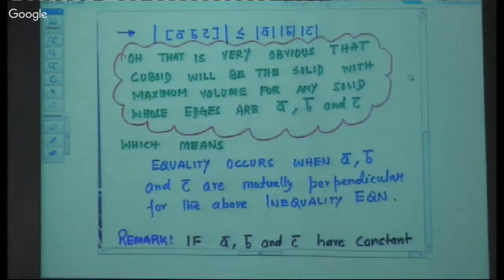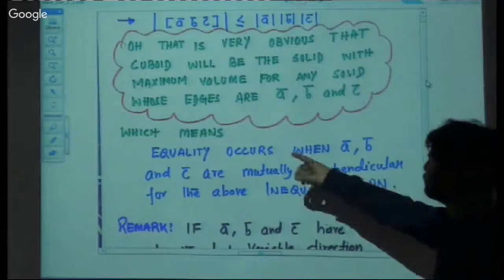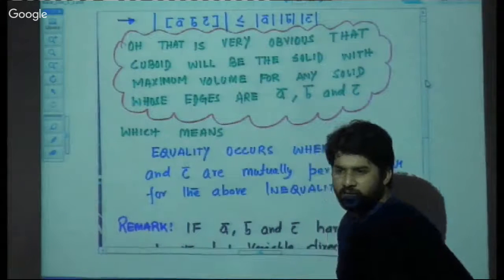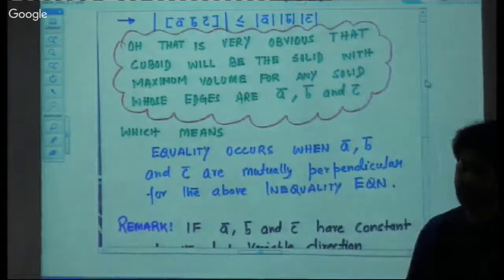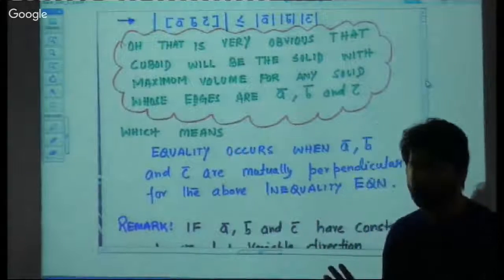So now again, it is also a Cauchy inequality, like the one for 6 numbers. Now look, something more interesting is going to happen here. When I ask which parallelepiped has the maximum volume? Cuboid, because a rectangle has the maximum area for a parallelogram if the edges are equal. So I say mod of [A B C] is less than or equal to mod A, mod B, mod C. This is the volume of the cuboid, and this is any simple parallelepiped, right?